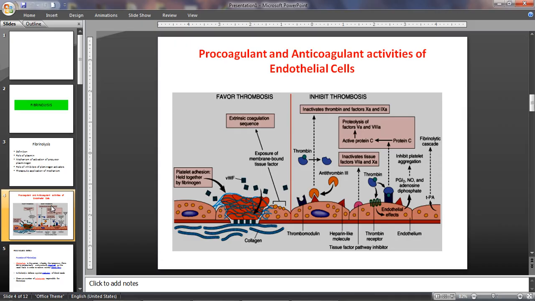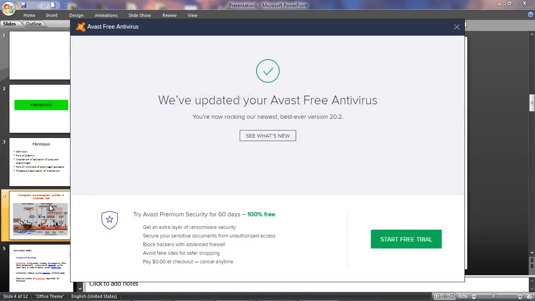And during the process of the circulation, these procoagulant factors are activated due to the turbulence in the flow of the blood, or the structural changes in the vessels.